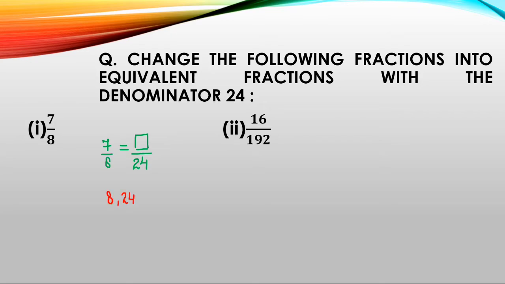We have to multiply 8 by 3 to get 24. So, if the denominator is multiplied by 3, then we have to multiply the numerator also by 3. So, 7 multiplied by 3 is 21. Therefore, 7/8 is equal to 21/24.